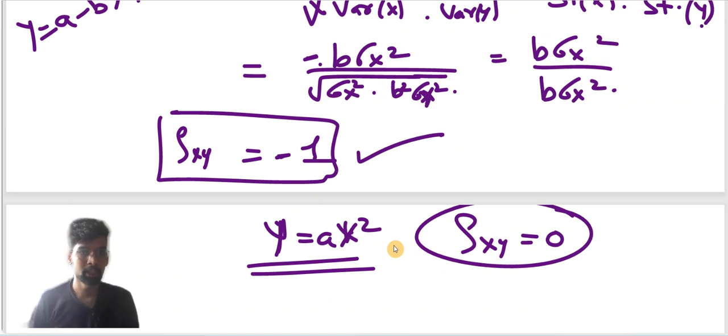Mathematically, you can show that the correlation coefficient between two non-linearly related variables is equal to 0, but this does not make any sense because the correlation coefficient is used only for testing the strength of the linear relationship. So this thing you have to keep in mind.